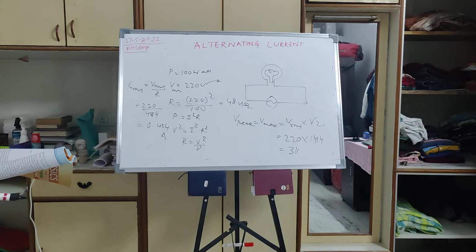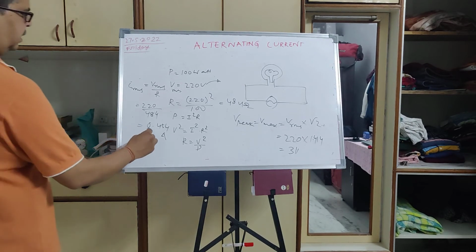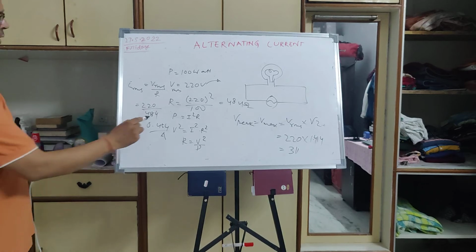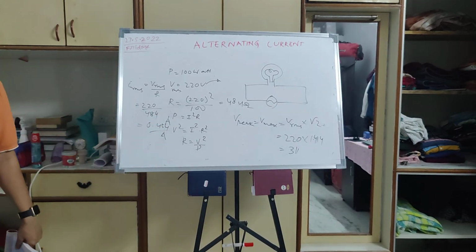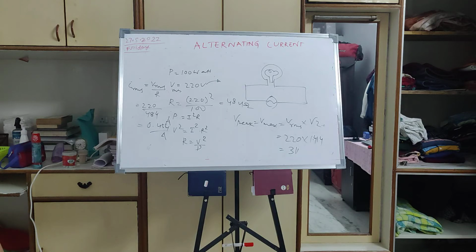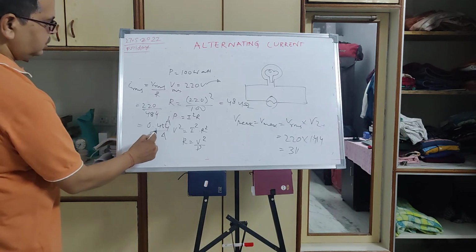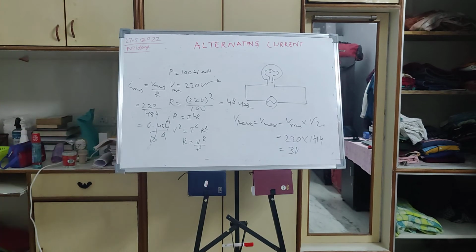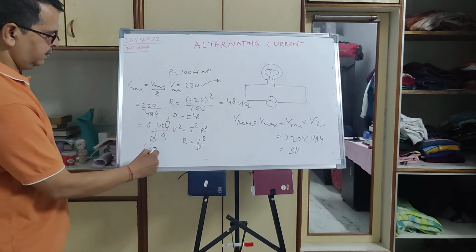So you can see that my current is just 0.454 ampere. The amperage is very less, less than 1 ampere, whereas your mixie and washing machine will have more amperage. Let us say you have 100 bulbs in your house, that means it will be 45 ampere.